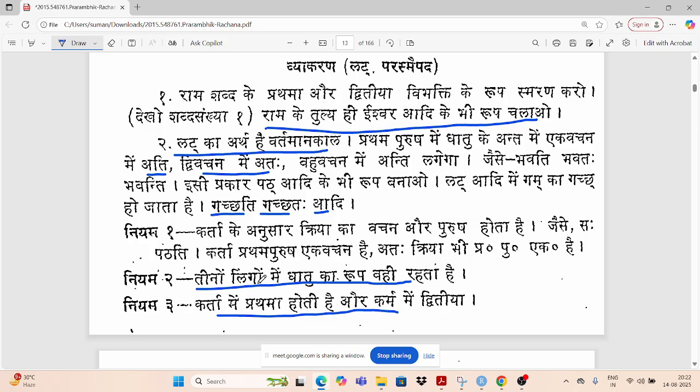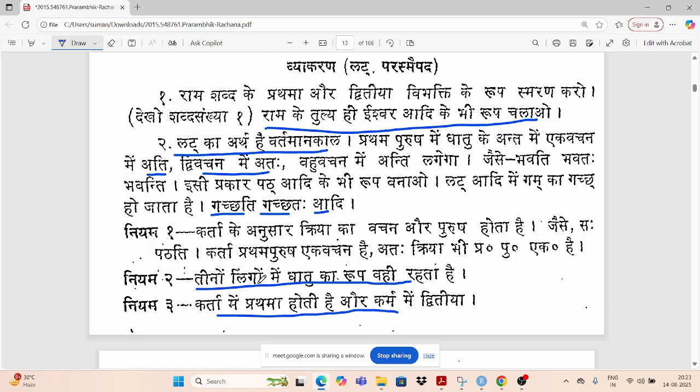Similarly, in Sanskrita, the dhatu will not have any change by virtue of the change in the linga, whether it's strilinga or pumlinga or napumsakalinga. It will not change on the basis of that.